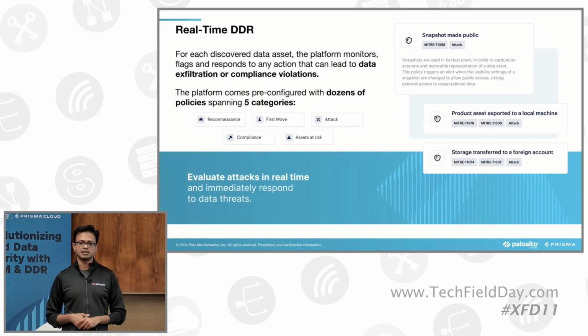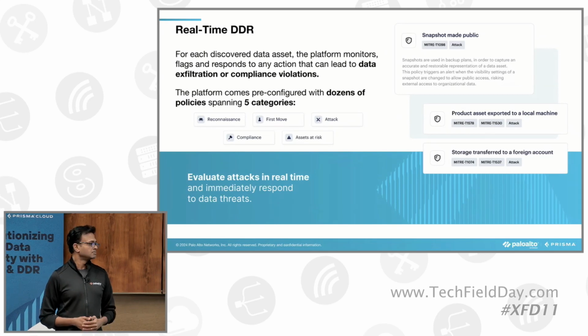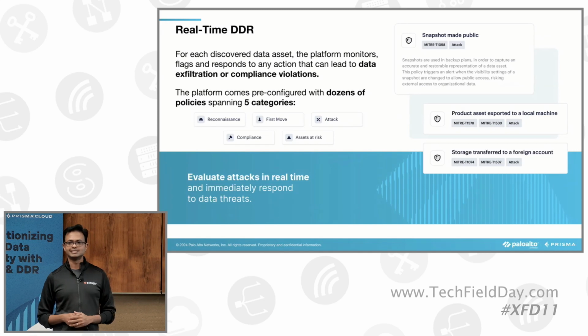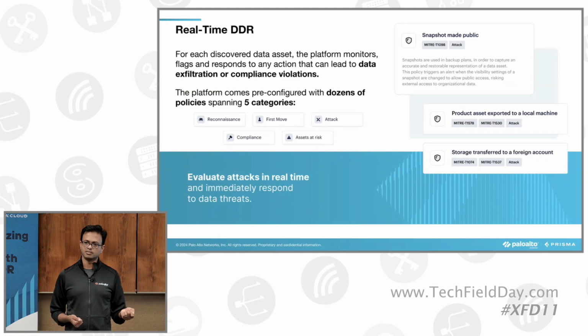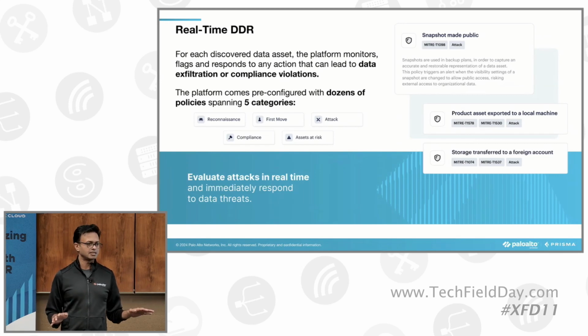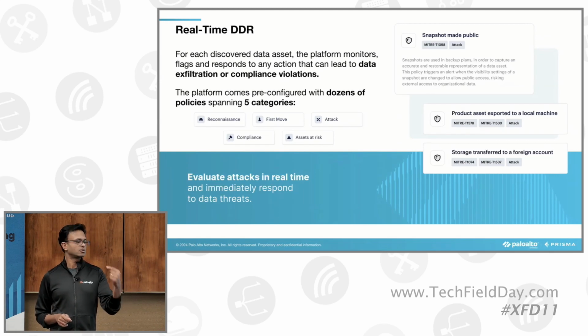If it is a reconnaissance attack, there's no remediation, but keep a watch out for that particular user because they're performing some sort of check. If it is a first move, somebody is disabling logging or disabling encryption on that particular asset. This leads to the next alert, saying that I have a user that has never accessed a data store before, but all of a sudden I see them enumerating S3 buckets and trying to disable logging on that particular S3 bucket, which is a red flag right there.